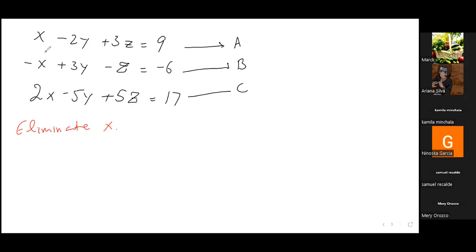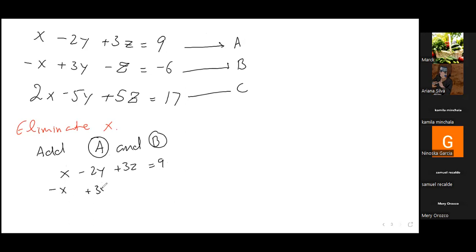Now what I need to do is look at equations A and B. So if I add A and B, what will happen? So let's add them.